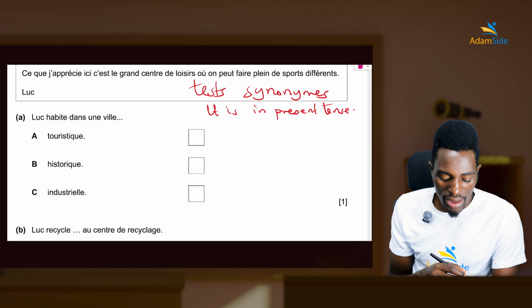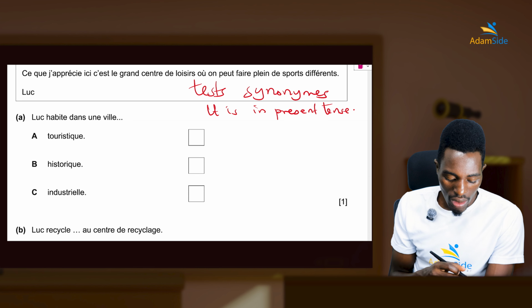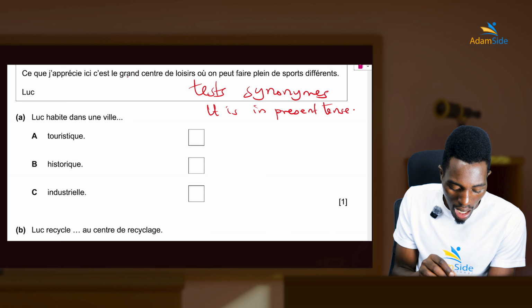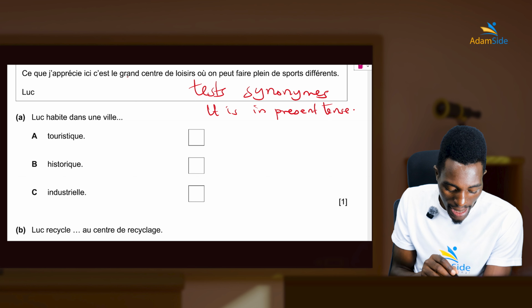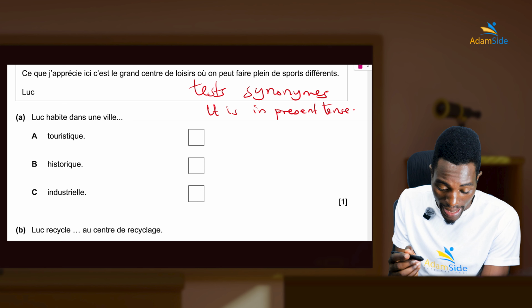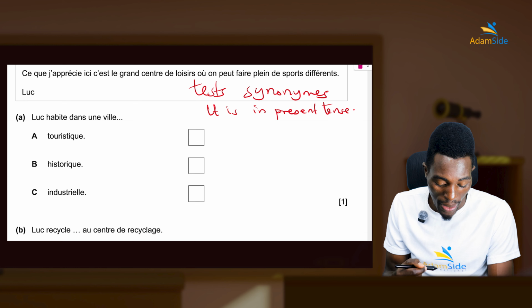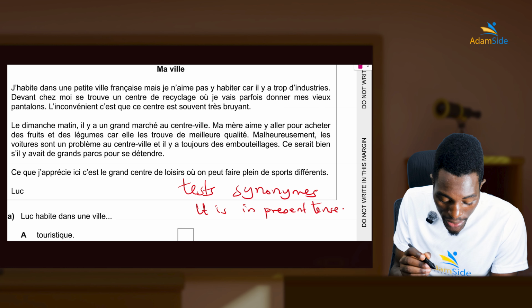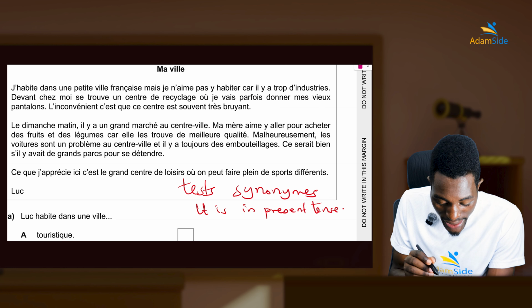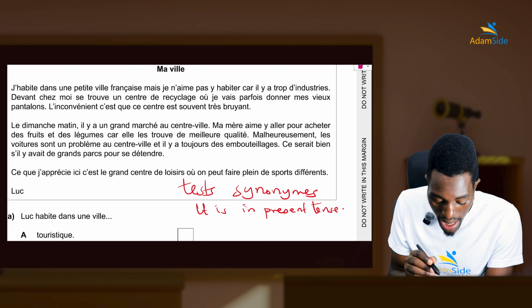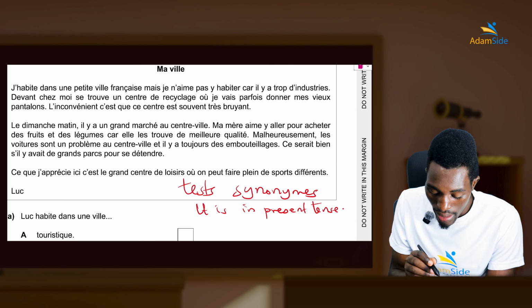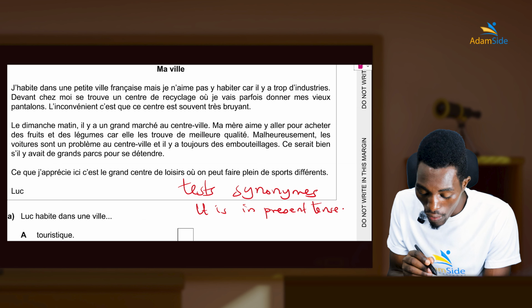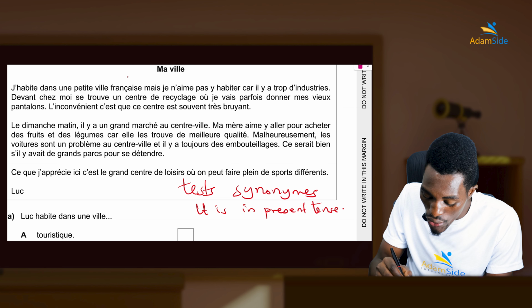Luc habite dans une ville. A. Touristique. B. Historique. C. Industriel. So I have to go to the first paragraph. J'habite dans une petite ville française, mais je n'aime pas y habiter car il y a trop d'industriels.